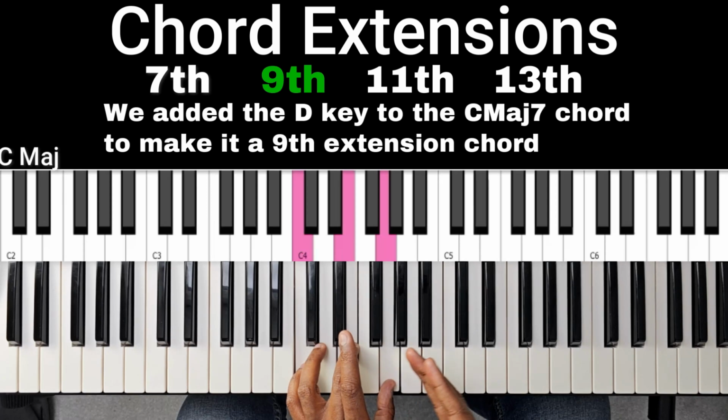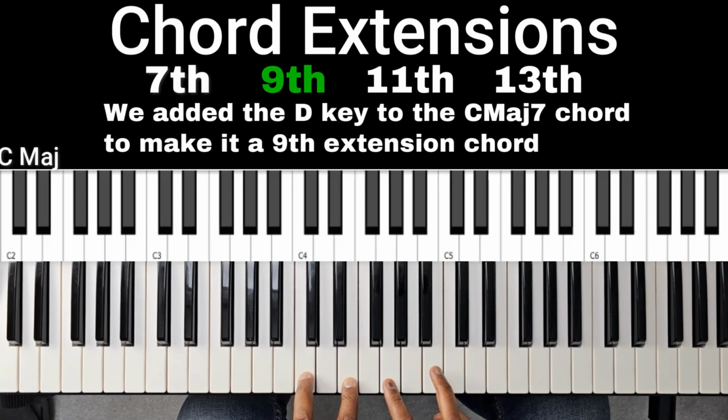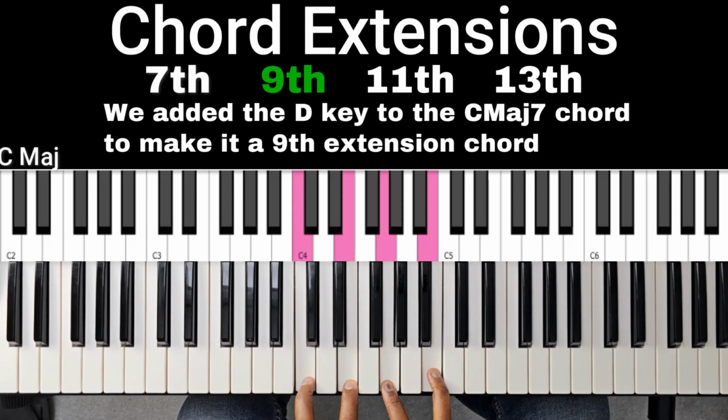And it's that simple. We keep adding thirds. So C, 2, 3, 2, 3. There's a 5th, which makes the root chord, 2, 3. That's the C major 7th. That's an extension, chord extension. And 2, 3, there's a 9th.